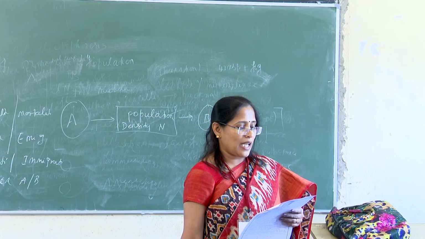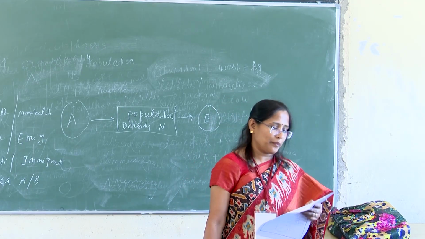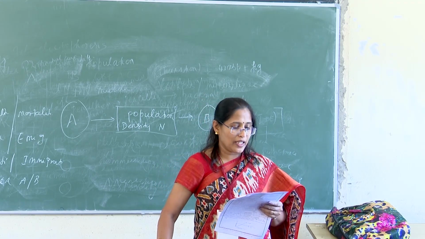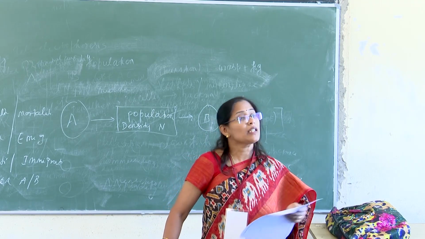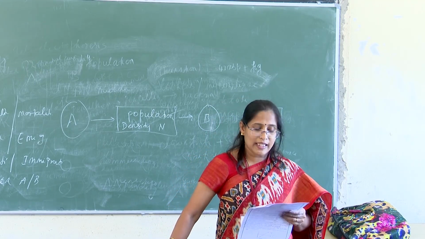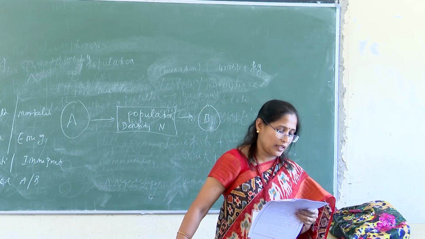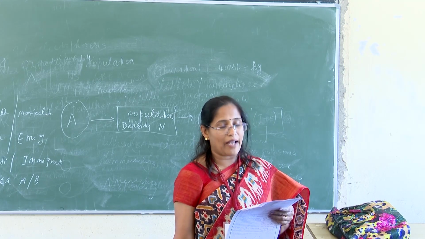Okay. Next, average temperature in a tropical desert in summer is less than 50 degrees. It is greater than 50 degrees. Next, thermal springs cannot sustain life due to very high average temperature.